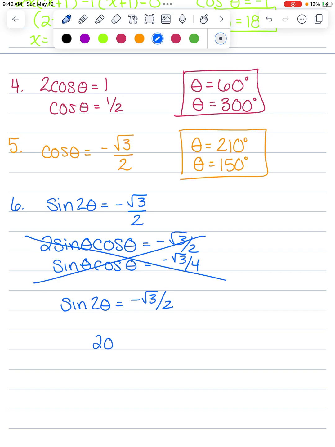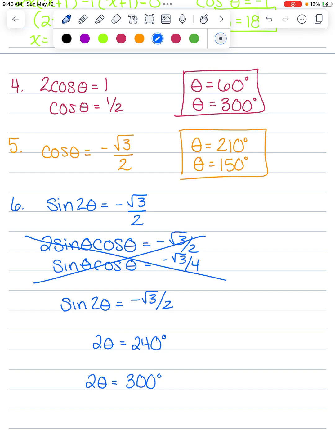You get 2 theta equal to, sine is -√3/2 at 240 degrees, as well as at 300 degrees.